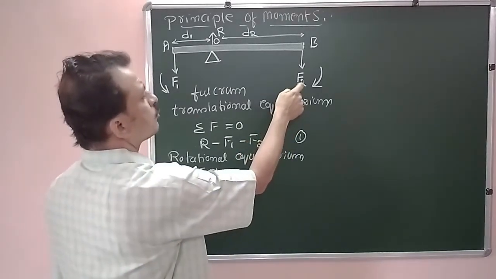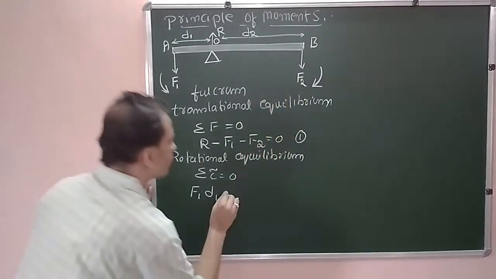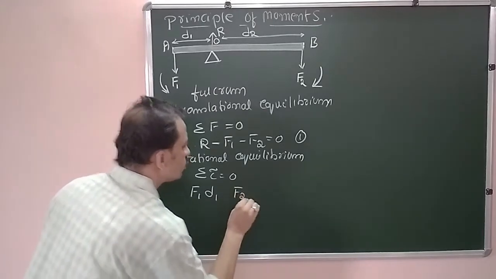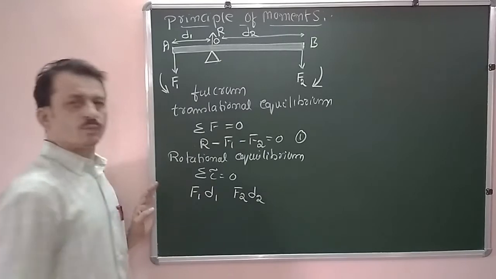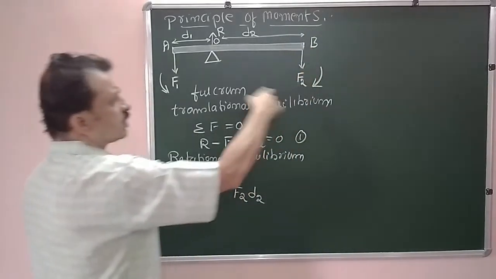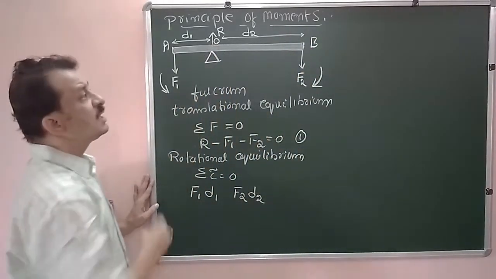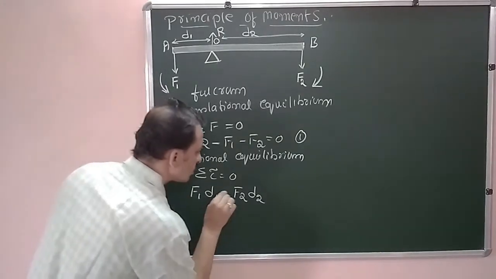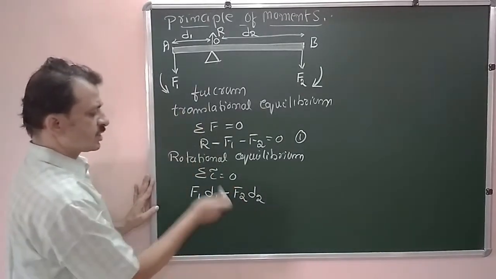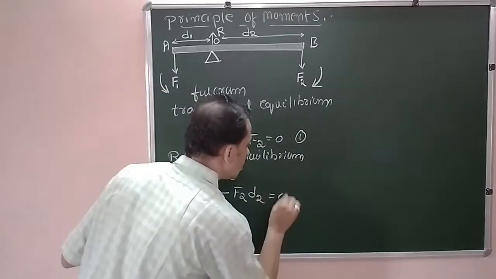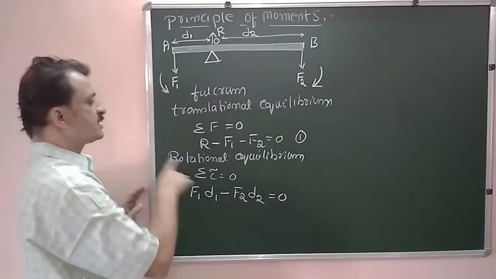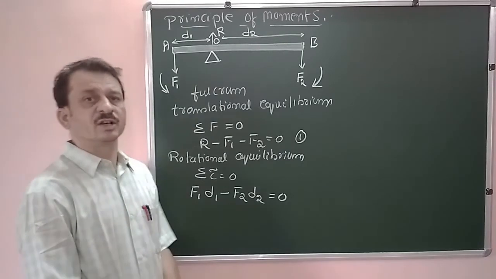Similarly, what is the moment of force due to the force F2? It is F2 multiplied by the distance d2. But this one tends to rotate the lever in the clockwise direction, therefore that moment of force is taken as negative. If this sum is equal to 0, then the lever is said to be in rotational equilibrium.